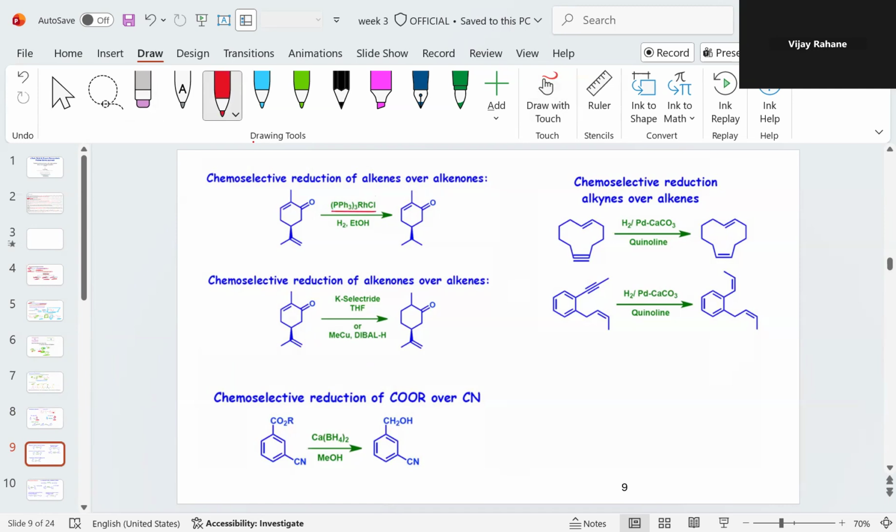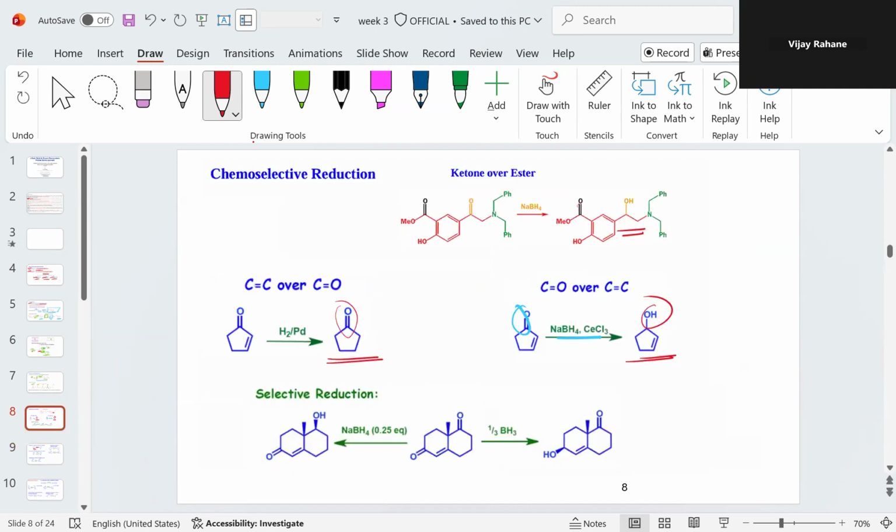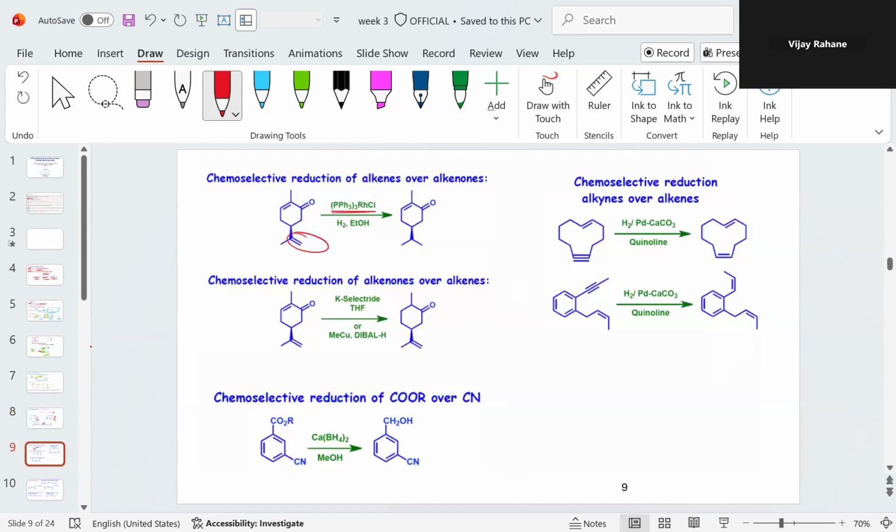It will selectively reduce the isolated olefin. Earlier we saw how to reduce an isolated ketone. Now we are focusing on these two types of olefins: one olefin is in conjugation with the ketone group, and one is the isolated olefin. Then how do we reduce this isolated olefin selectively?